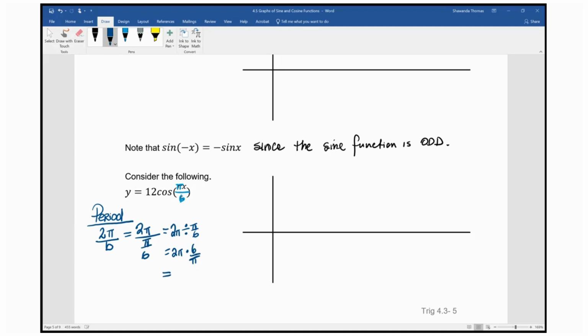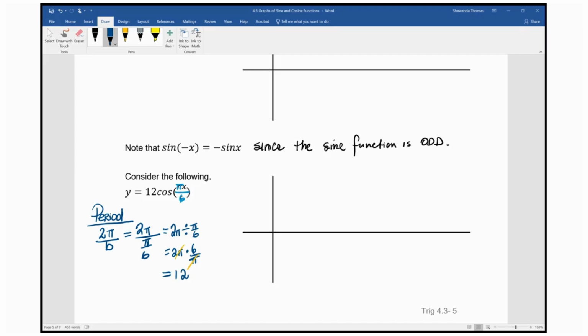What happens when we multiply? You get 12, because the pi's cancel. So our period is just 12, which is a little weird, just a number, not even a pi.